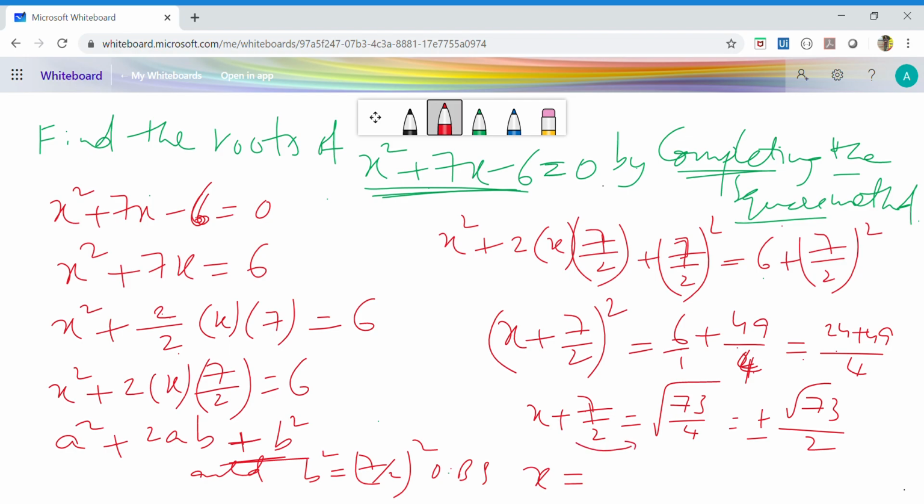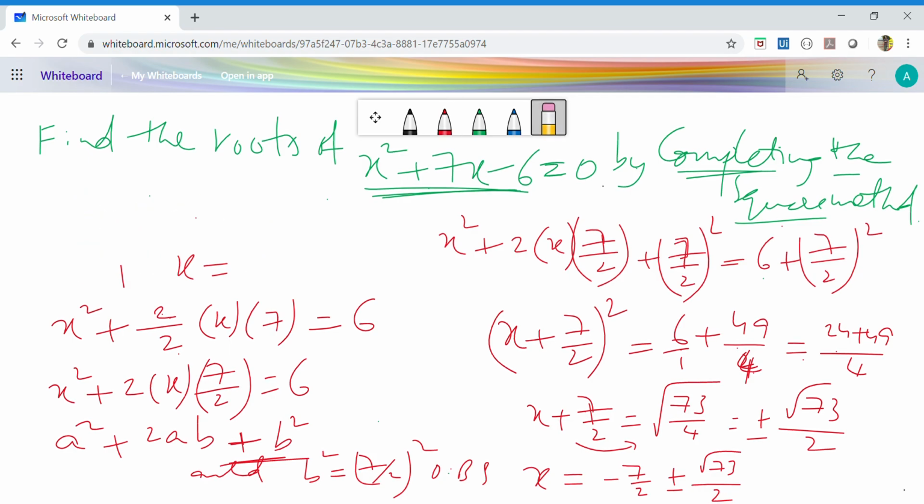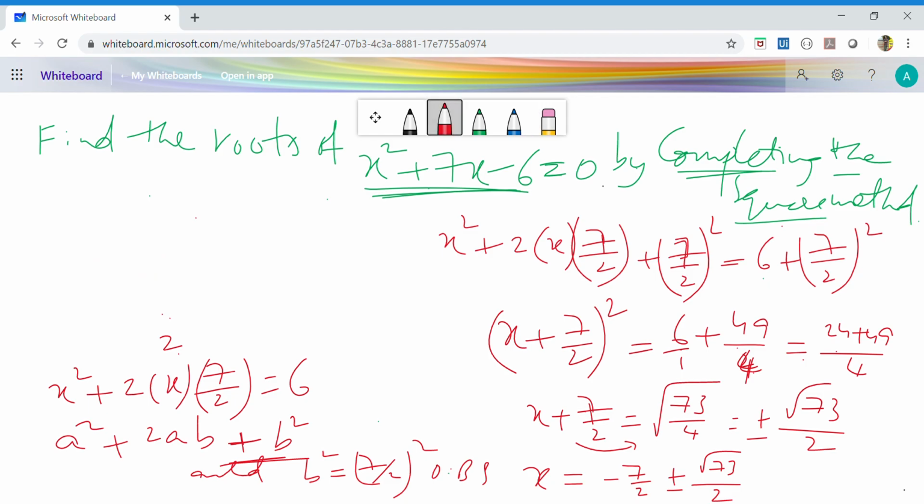Transpose plus 7 by 2 to that side, it becomes minus 7 by 2 plus or minus root 73 by 2. So x is equal to minus 7 plus or minus root 73 by 2. Those are the roots.